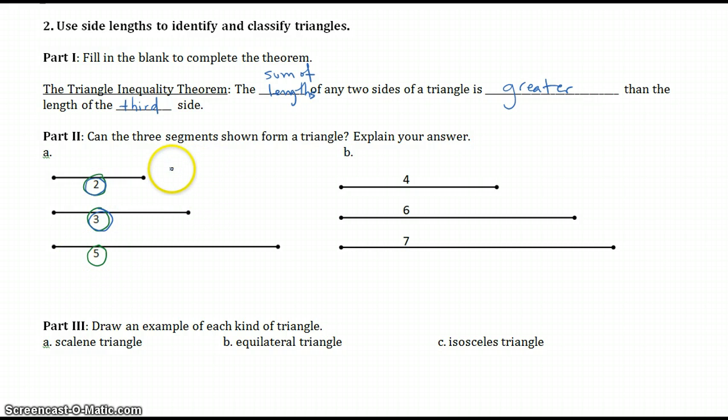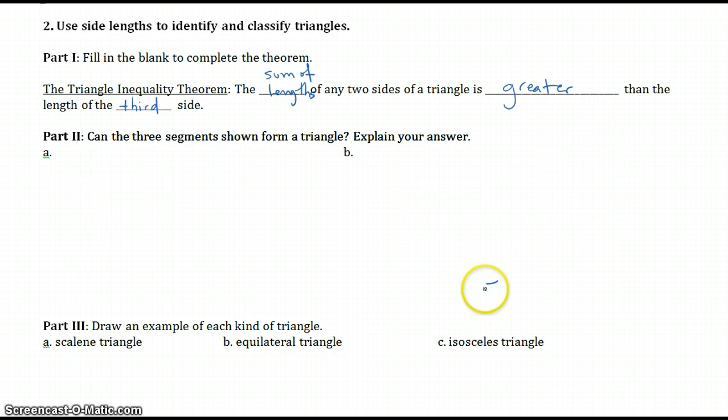In this case, in A, I cannot make a triangle because 2 plus 3 is not greater than 5. So this one is a no. And on part B, 4 plus 6 is 10. That is greater than 7. So this one is a yes.